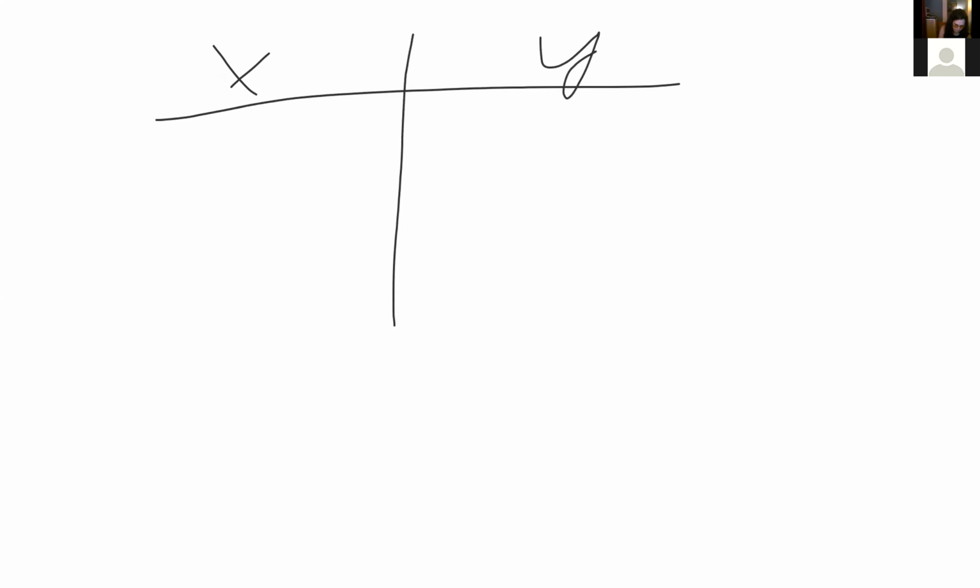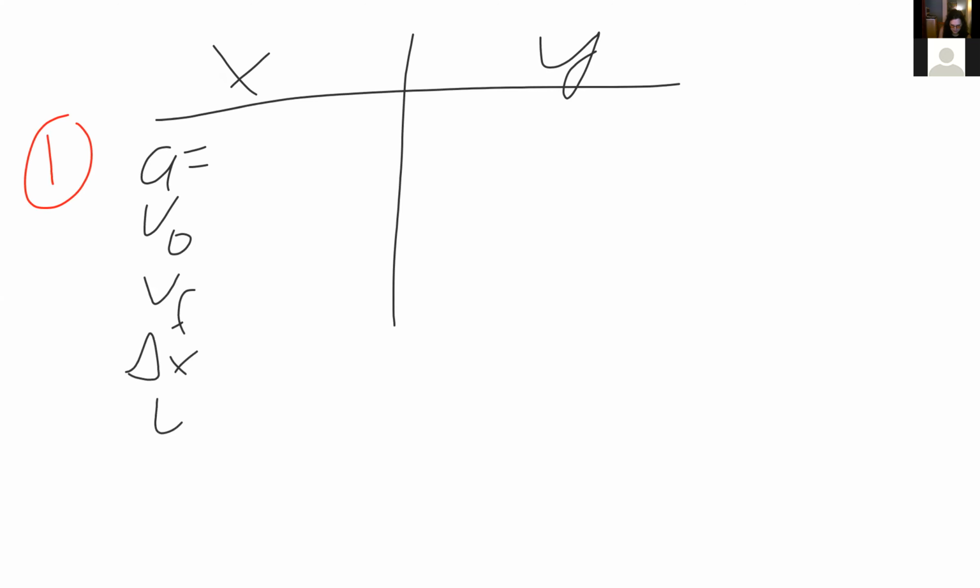The general approach to 2D motion is to split up into x and y. We'll call this step 1. Step 1 would be to list out your acceleration, initial velocity, final velocity, delta x, and time, and do the same thing on the y side: acceleration, initial, final, delta y, and time.